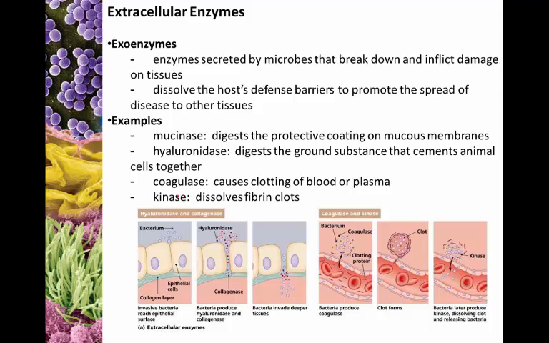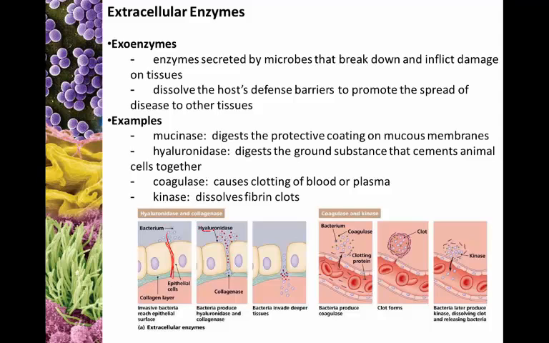Examples of this: mucinase, digesting through mucous membranes. Hyaluronidase, and if you don't know, hyaluronic acid is what grounds animal cells together. It's the substance that actually puts animal cells together with one another. So it would be what you found here.